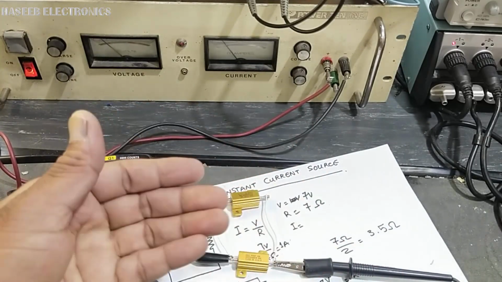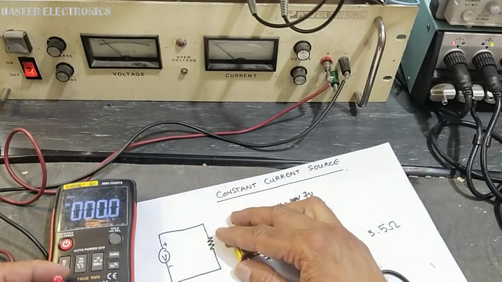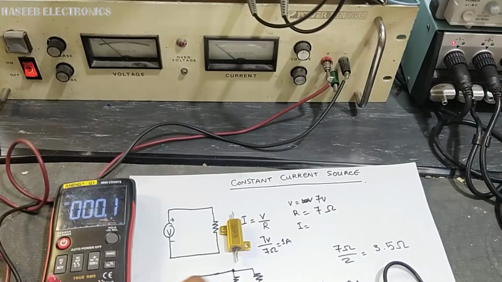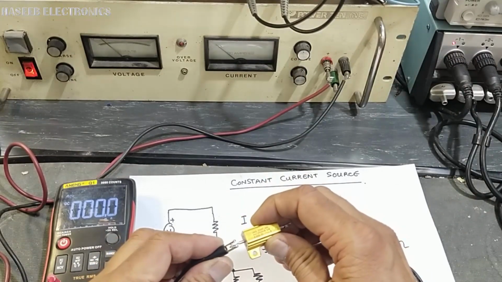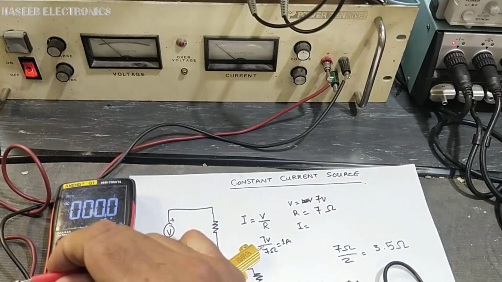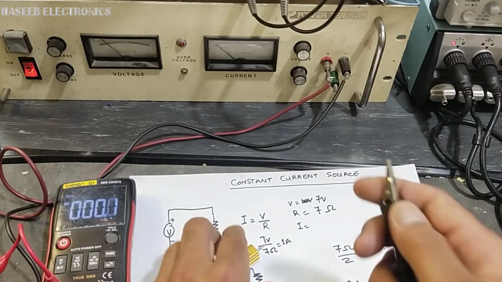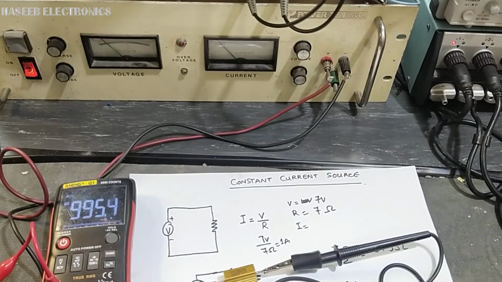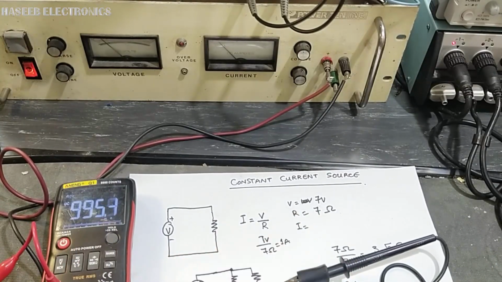But now we will see the current source. If we have this current source and we connect this source here, it is drawing the 1 ampere. That's good in the first condition.